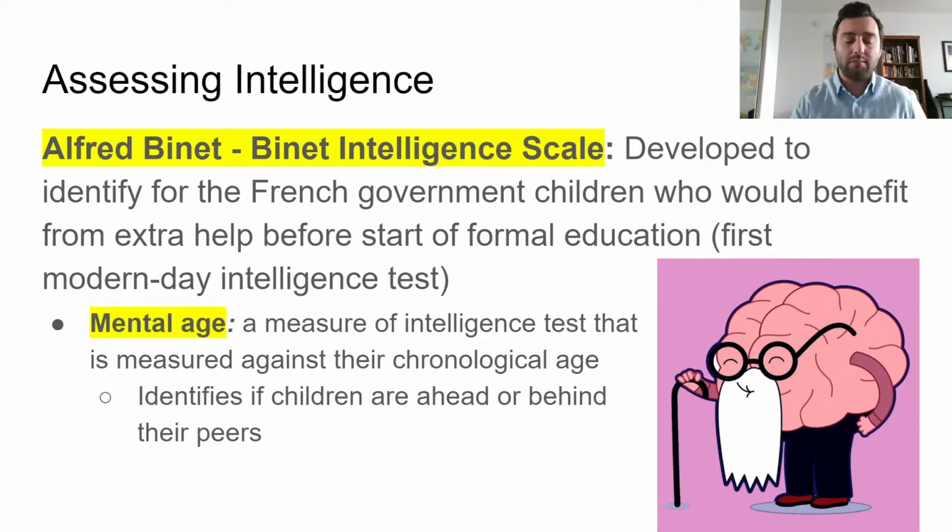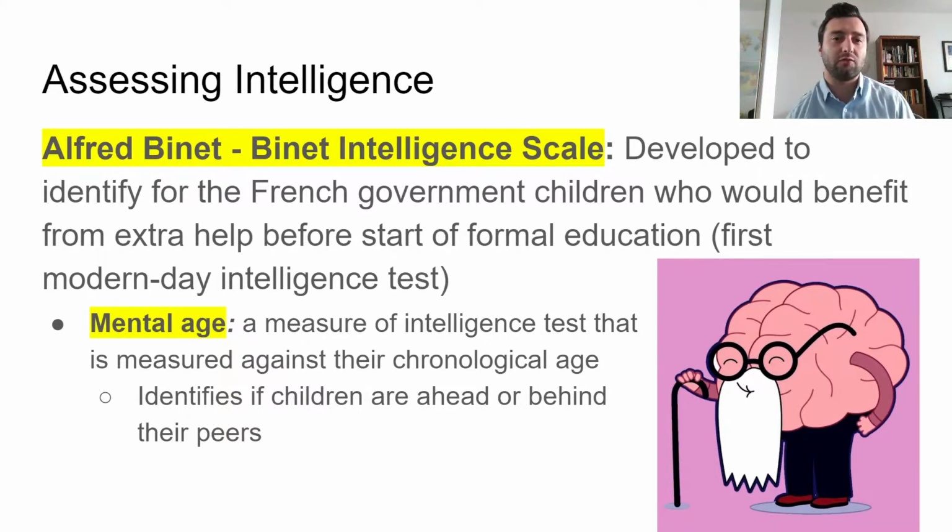So he created a test that you could give to children before first grade, really young children, and they could take the test and we would see a score. That would tell us whether the child was ahead of, behind, or right on track for their age.